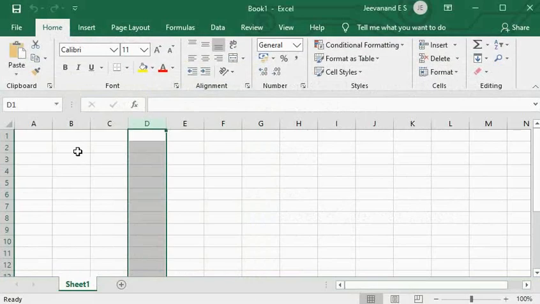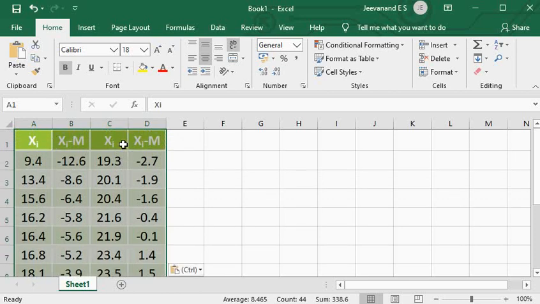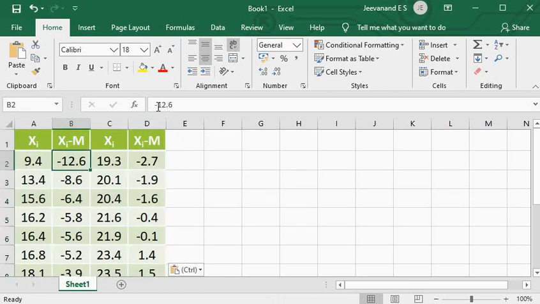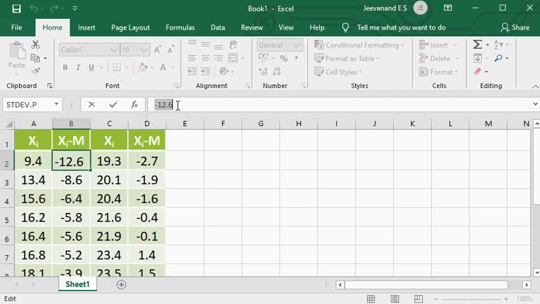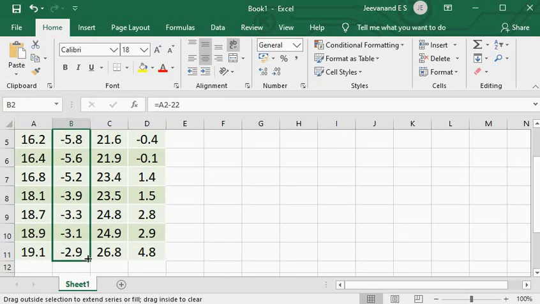So that we can see how we can calculate the value, I take this to the Excel sheet. Here I calculate 9 minus 22. Since 9 minus 22 is a negative value, it should be negative.